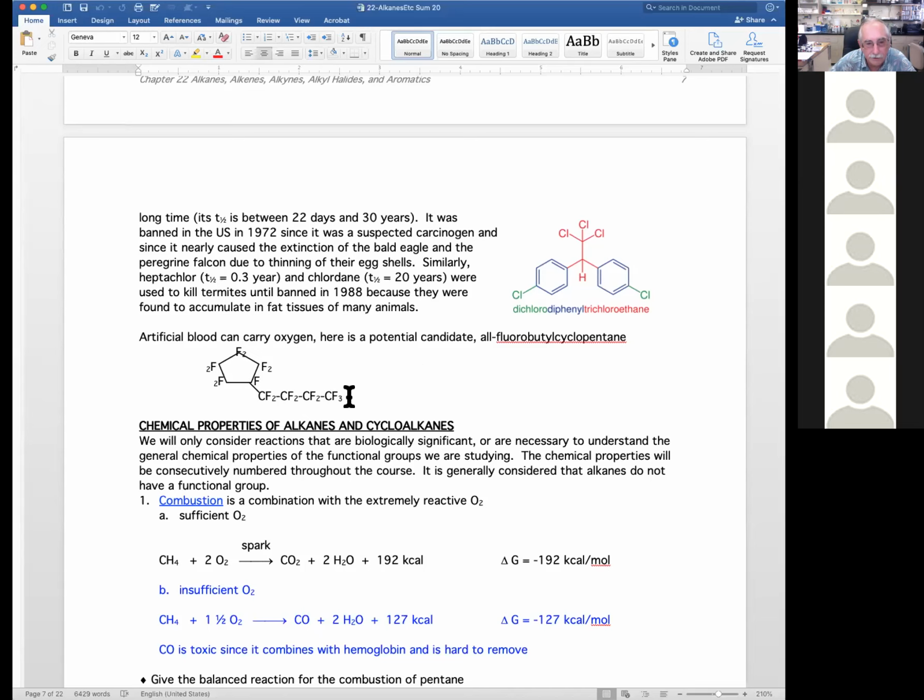And how they make this is you take cyclopropane and you take a chlorobutane or something like that, and then you do a substitution reaction and you connect it onto here somehow, and that's a very simple reaction. And then you treat it with fluorine gas, and every single hydrogen will be replaced by fluorine. You don't get partial replacement. They all go all at once. It's kind of interesting.